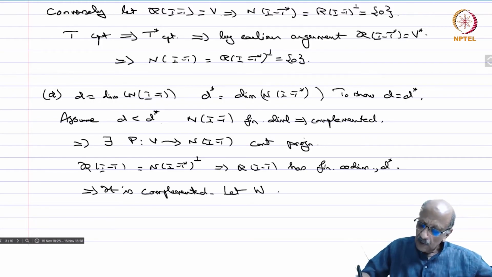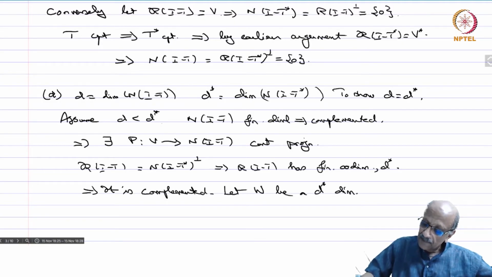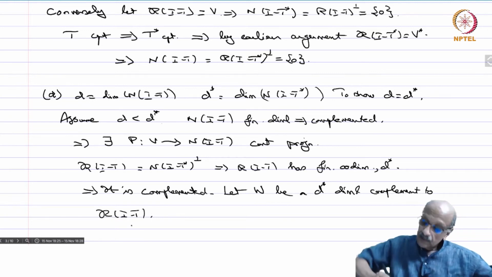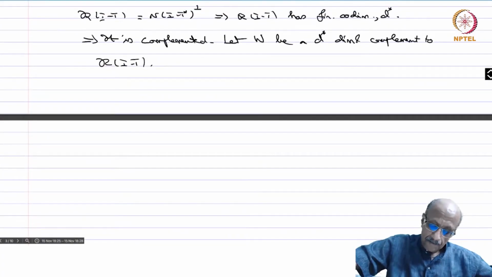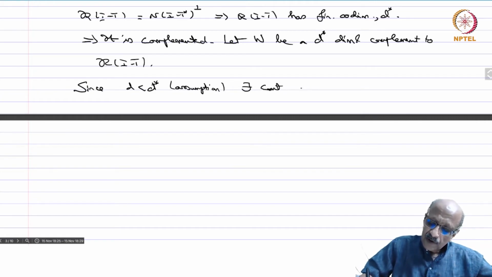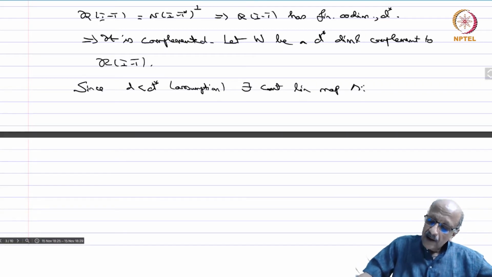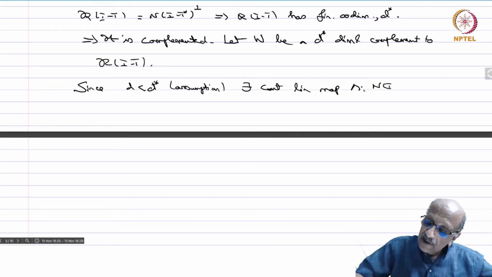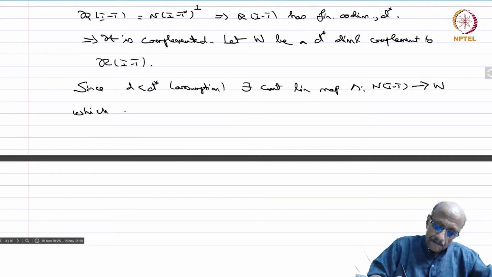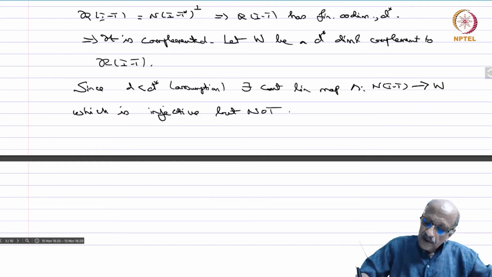So let W be a D star dimensional complement to the range of I minus T. Now since D is strictly less than D star, there exists a continuous linear map lambda from the null space of I minus T into W. These are both finite dimensional spaces, so any linear map is continuous, which is injective but not surjective.